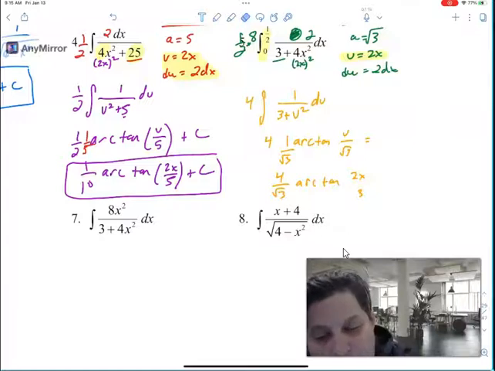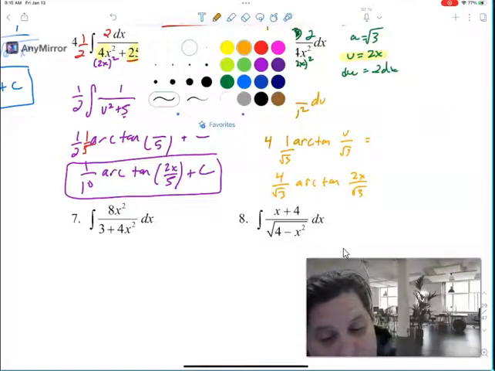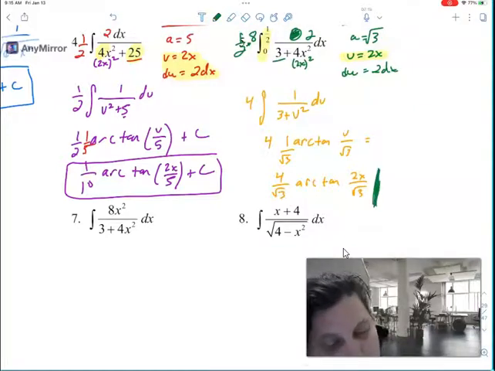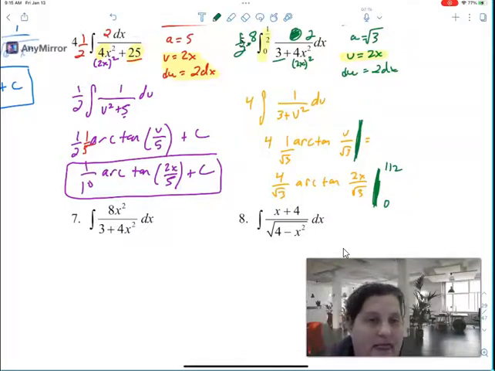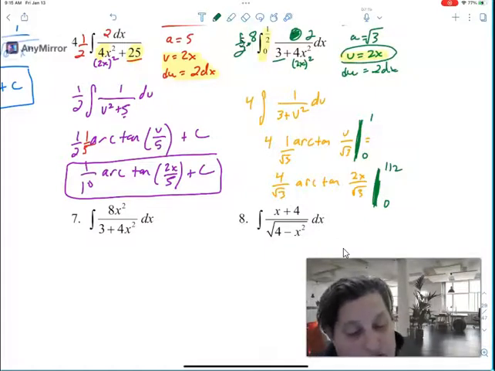And because I put it back into x's, the endpoints that I'm going to use are the endpoints that were given to me, which is 0 and 1/2. If I had left it in u form, that's fine. I just had to change the 0 and the 1/2, and I would change them over here. 2 times 0 is 0. 2 times 1/2 is 1. So honestly, you could do either of those. Okay? And it's going to come out to be the exact same thing.